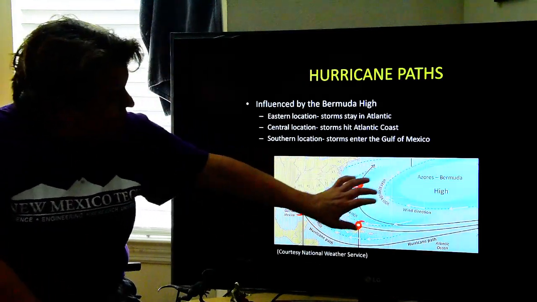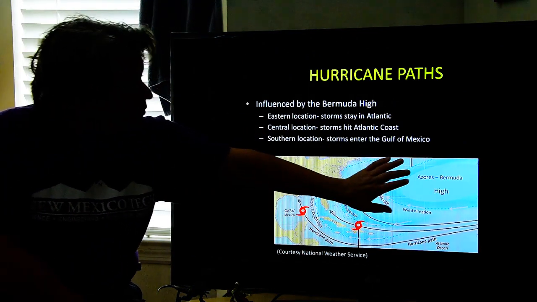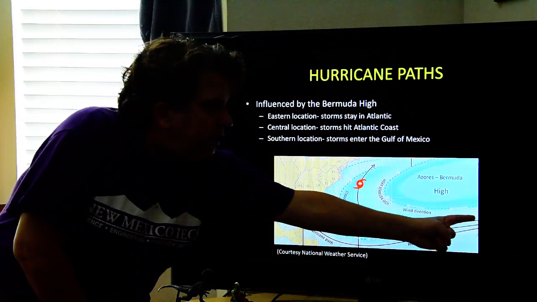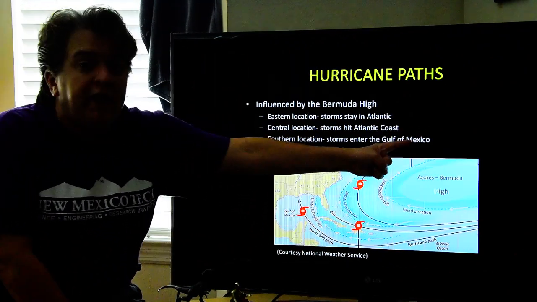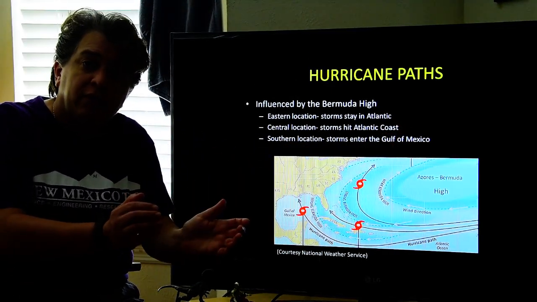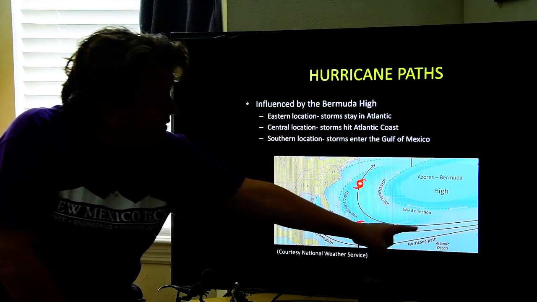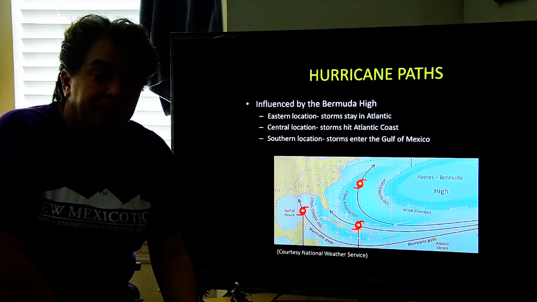If the Bermuda High is sitting a little more to the east, the hurricanes wrap around that high, right? Remember, hurricanes are low pressure, that's high pressure.